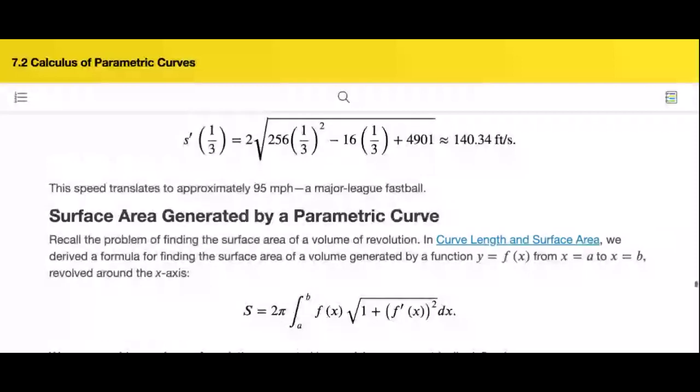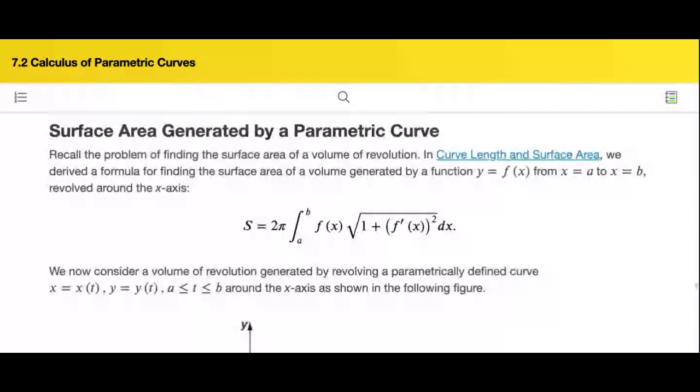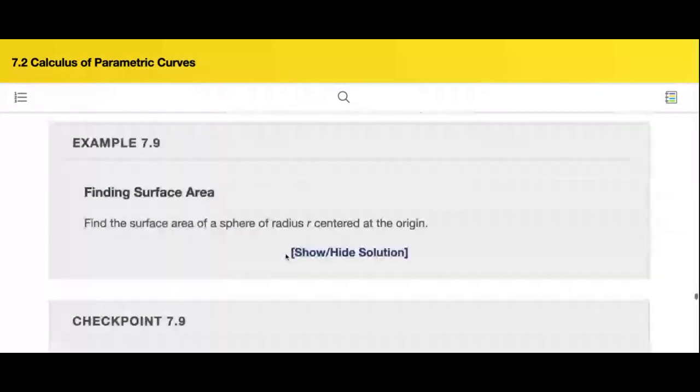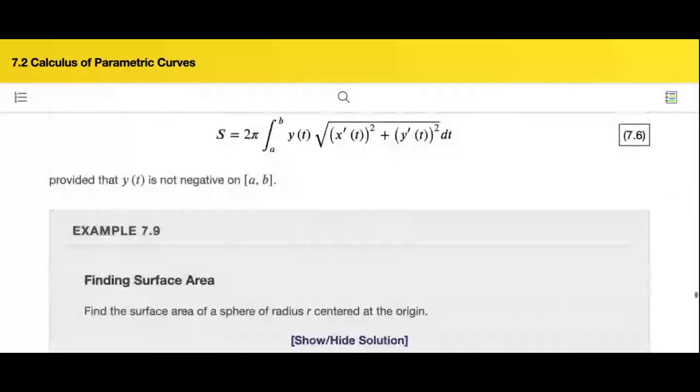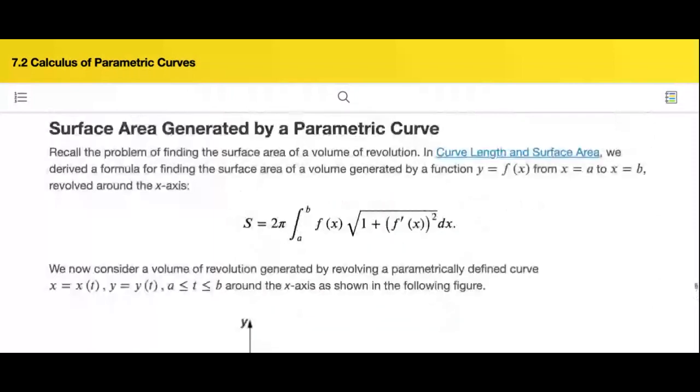Okay, surface area generated by a parametric curve. So the formula is similar from before when we learned the disk method or washer method. So we can think as 2 pi r multiplied by the h, right?